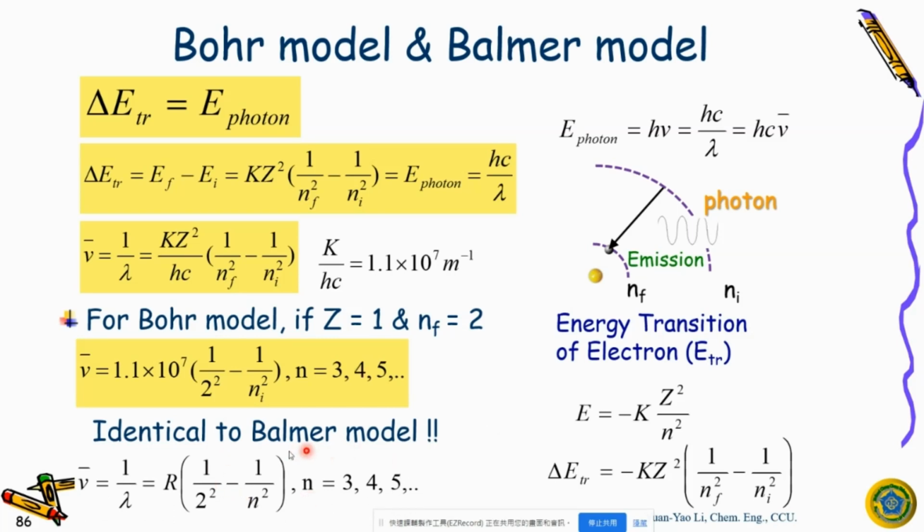Last week I told you that according to the 4 discrete wavelengths of hydrogen, Balmer found this equation experimentally. But this is a theoretically derived model, and it is the same. R is 1.1 times 10 to the 7th.